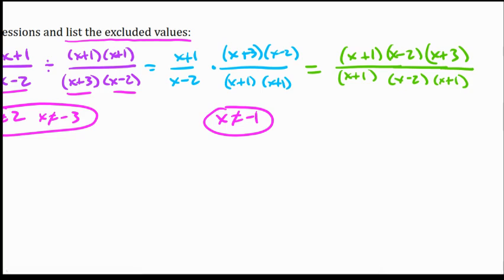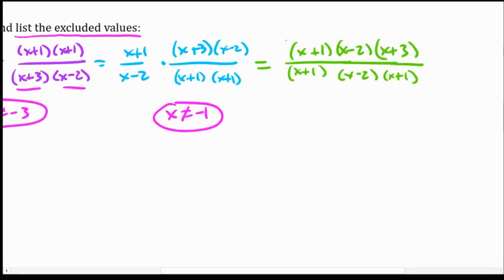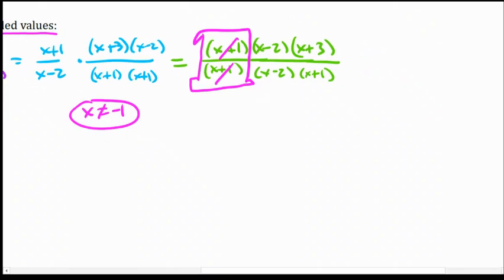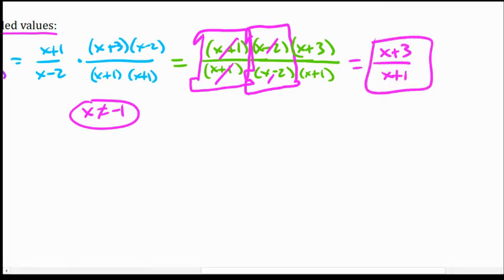And so the reason I did this is to show that if I divide something by itself, it just gives me 1. Anything divided by itself is 1. And 1 times anything is just itself. So I can really just not show these in the formula when I'm done, because x minus 2 divided by itself is just 1. And so my final answer here is just x plus 3 over x plus 1.